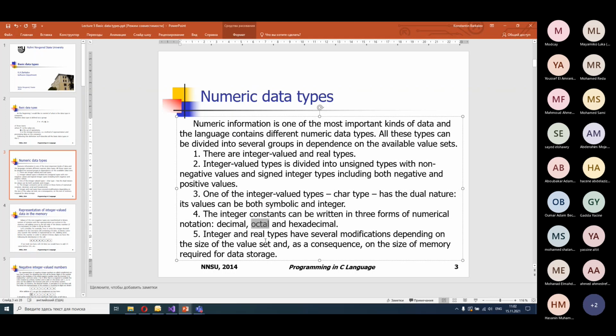Octal is used very rarely, but hexadecimal notation for integer numbers is used rather often. For example, when we work with pointers, we will work with pointers later. All the information related to pointers is represented not in decimal form of notation, but in hexadecimal.